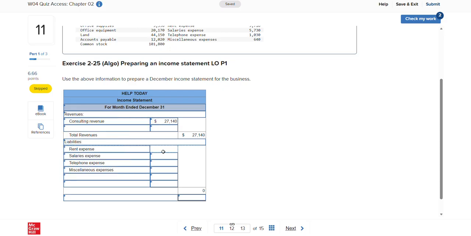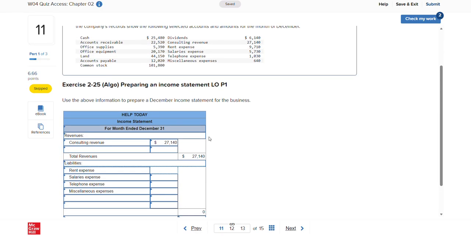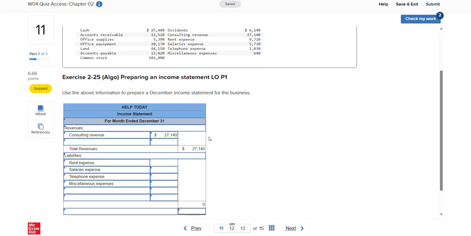These are always the easiest income statements because you literally record what you made money in and what you had to spend money on. So that was 9,710, and then 5,730, 1,030, and 640.